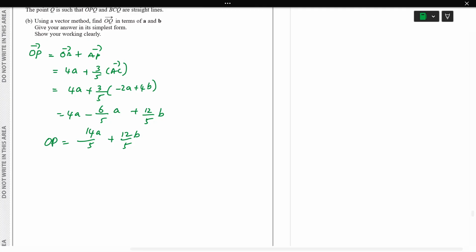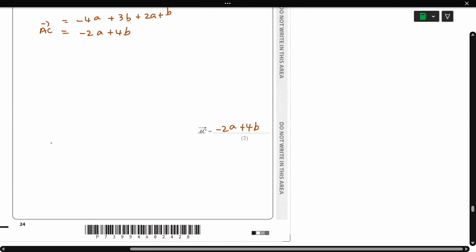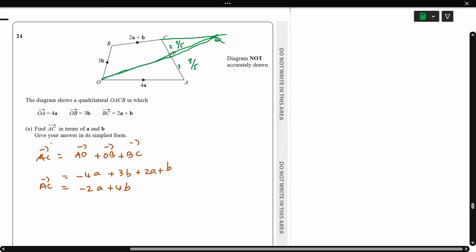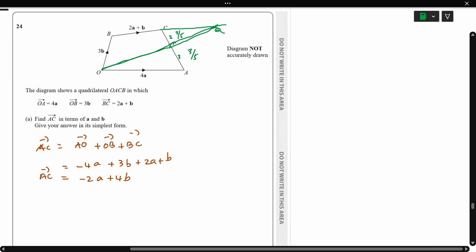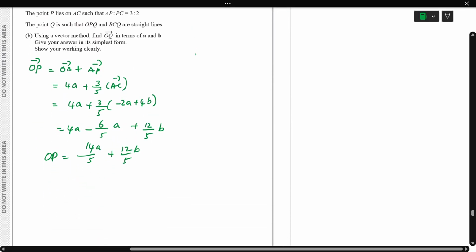Okay, next I'll go for OQ. OQ I can take as some ratio of OP, because O, P, Q are on a straight line. So OQ equals some ratio of OP.